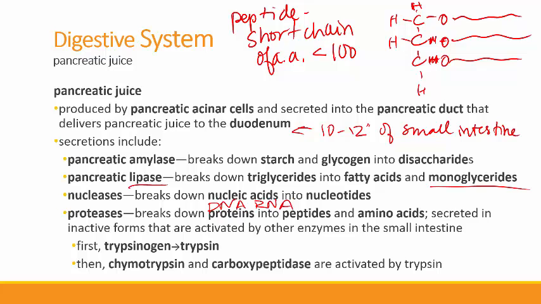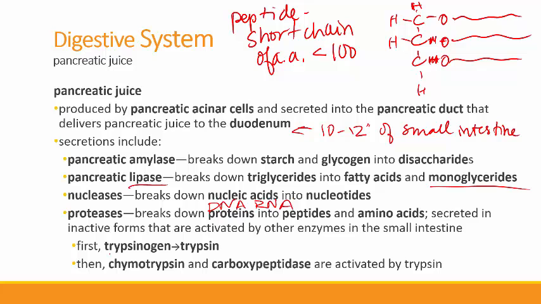Like pepsin in the stomach, the proteases are secreted in inactive forms, and then they are activated by other enzymes to make the inactive form active.